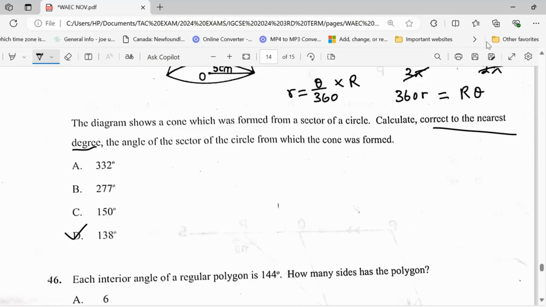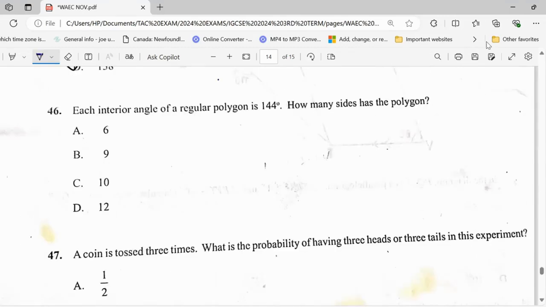Let's proceed to question number 46. Each interior angle of a regular polygon is 144 degrees. How many sides has the polygon?